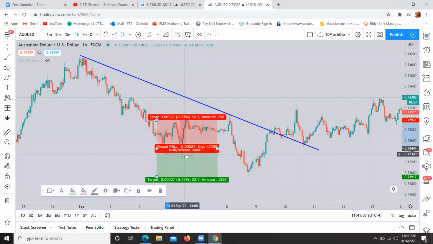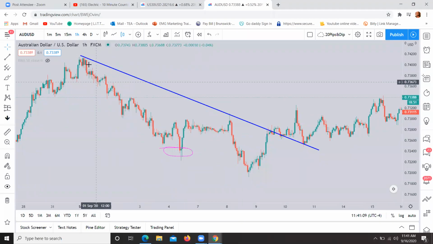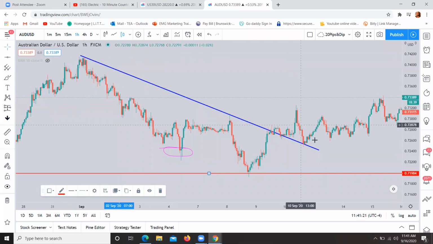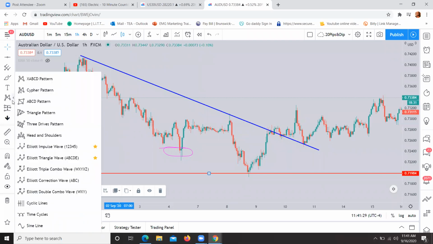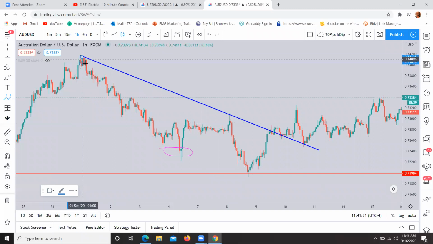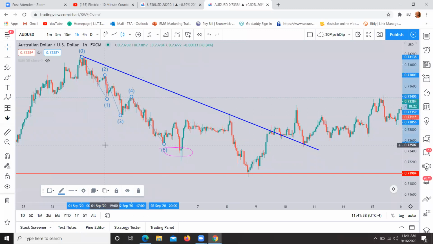So I want y'all to understand why I teach key levels. If you know that the market moves in waves, and the market moves horizontally and diagonally, this is why we have these tools so that you can see when the market is pulling up, creating that lower high.